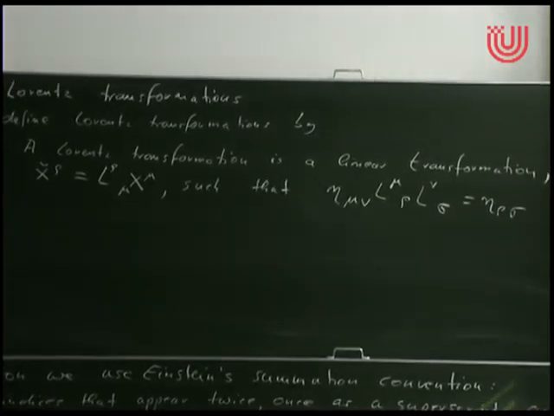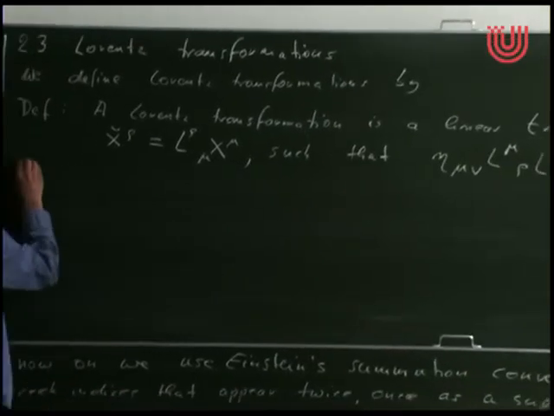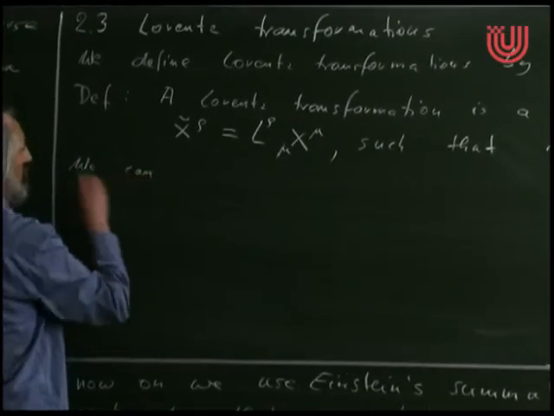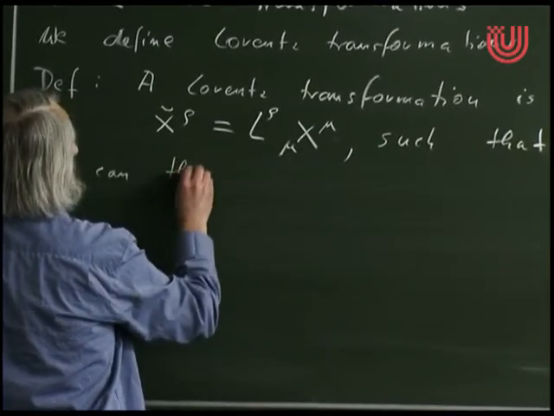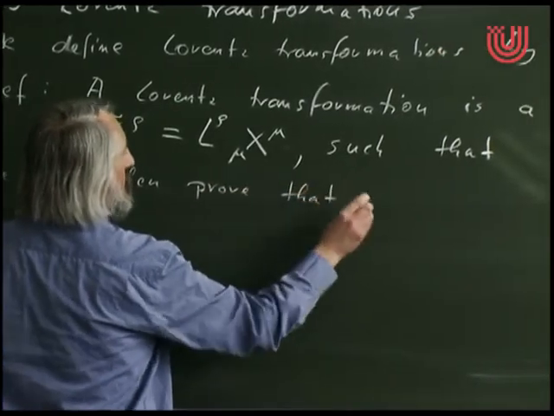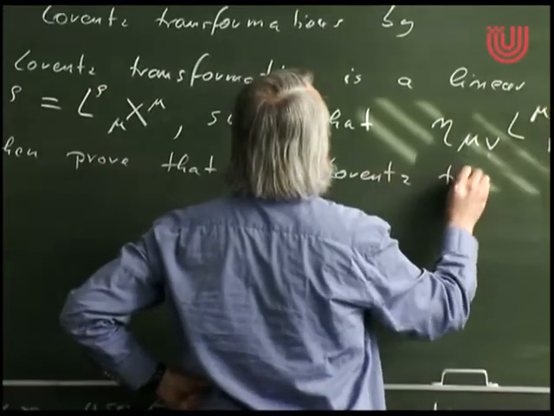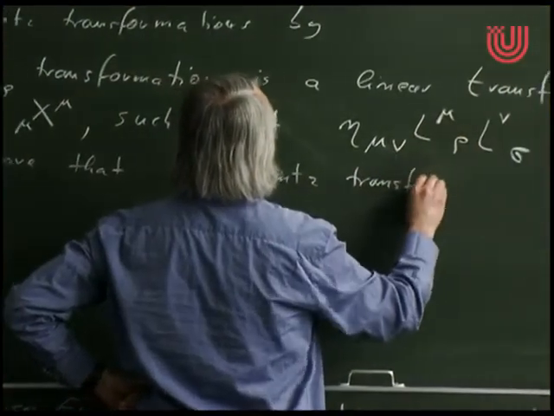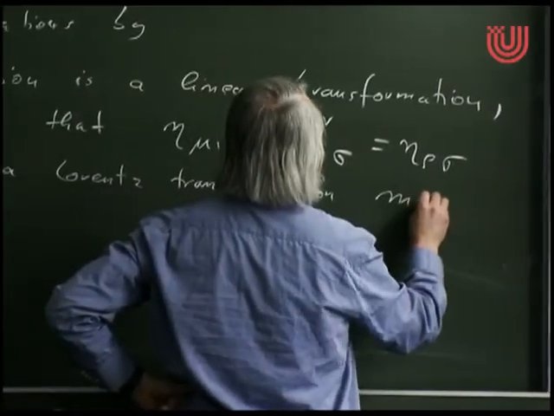Why is this set of transformations interesting? We can then prove, and actually we will do this, it's quite simple, that the Lorentz transformation maps an inertial system to an inertial system.